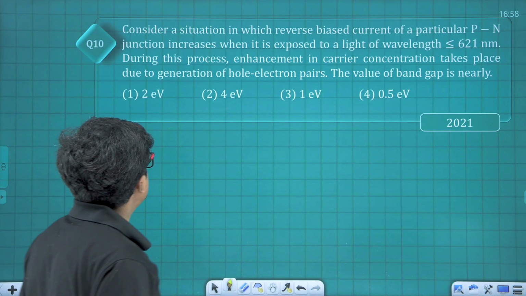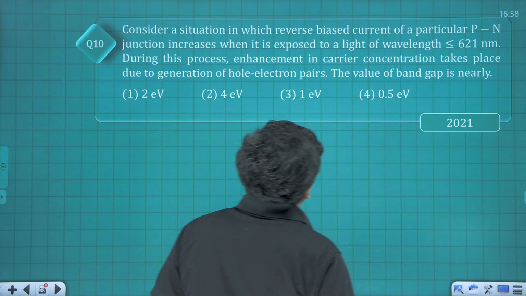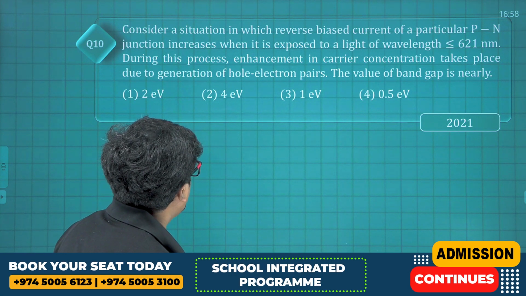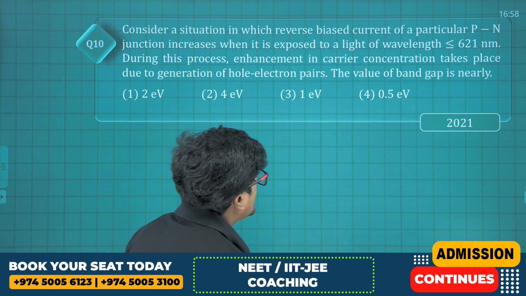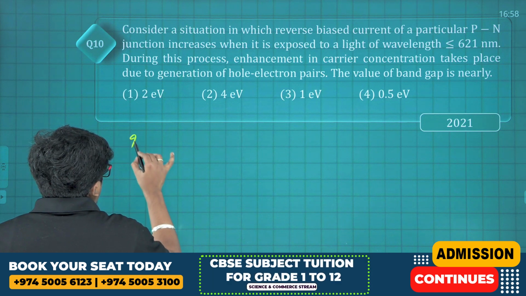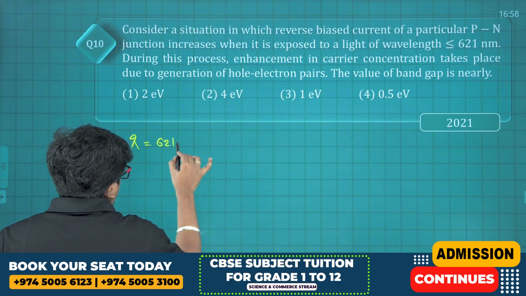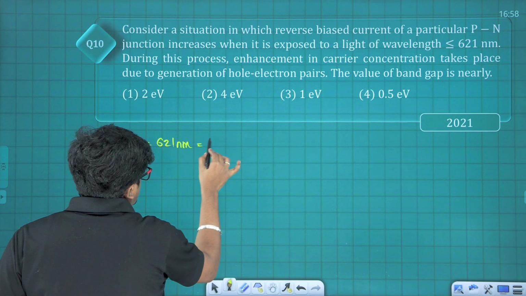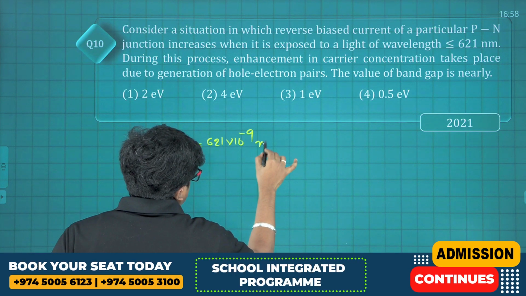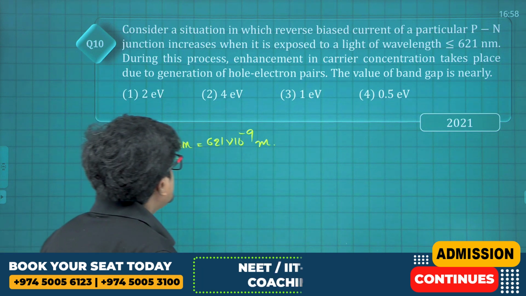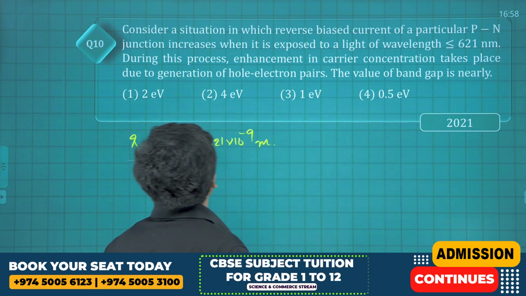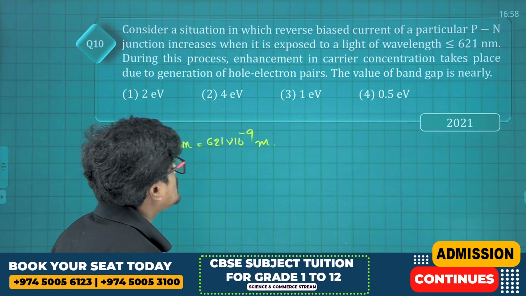Consider a situation in which the reverse biased current of a particular PN junction increased when it is exposed to light of wavelength 621 nanometer. So wavelength lambda is equal to 621 nanometer, that is 621 into 10 to the power minus 9 meters. During this process, the enhancement in the carrier concentration takes place due to generation of electron-hole pairs.